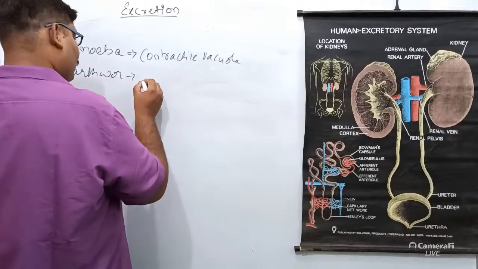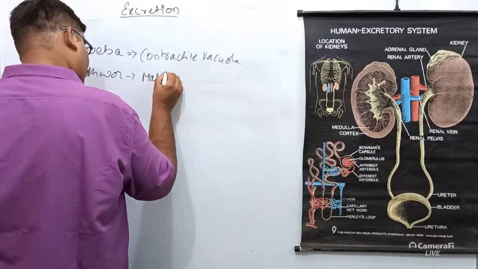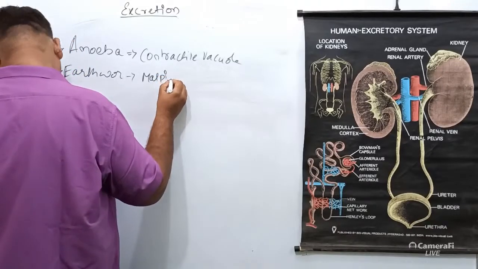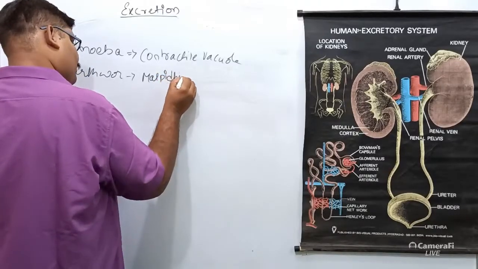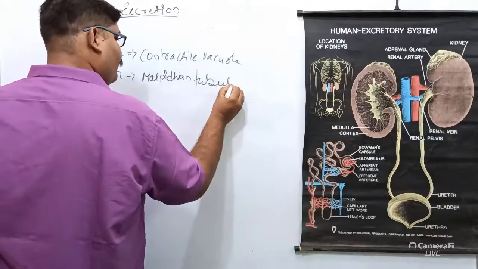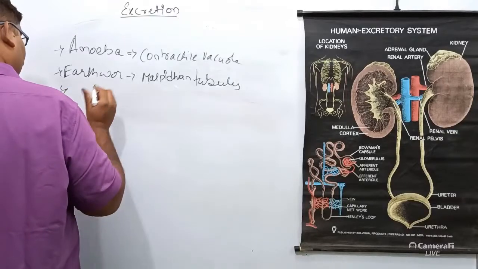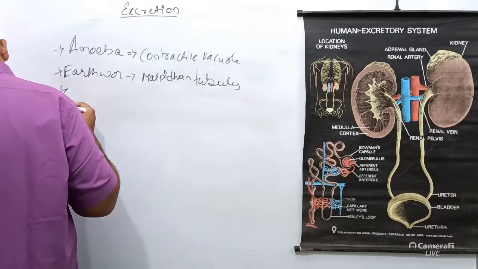In different groups such as cockroach, we have malpighian tubules.